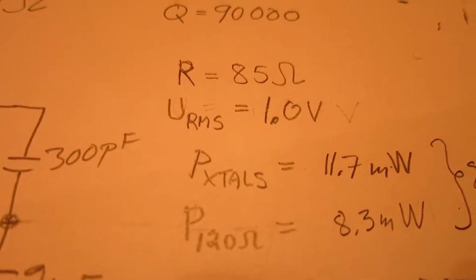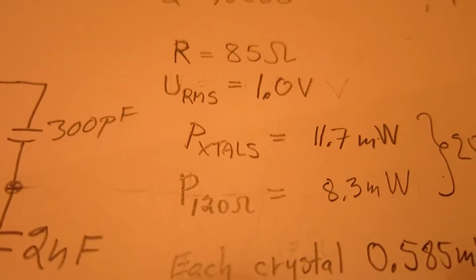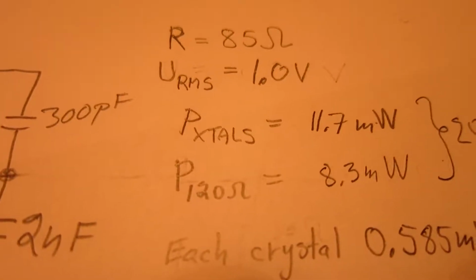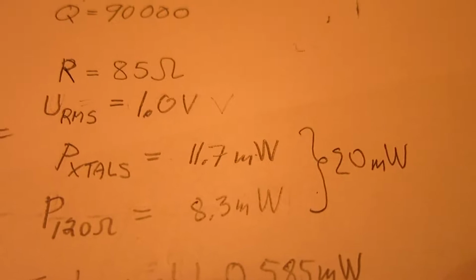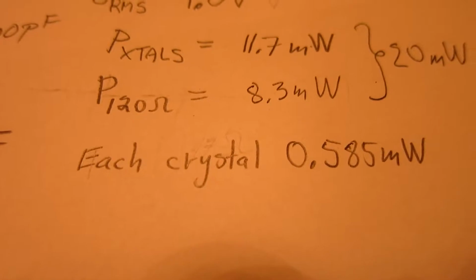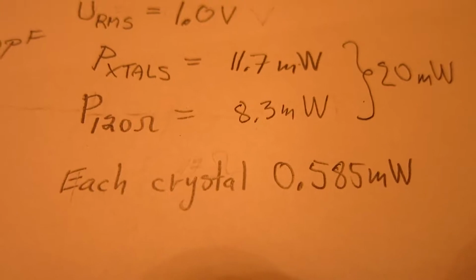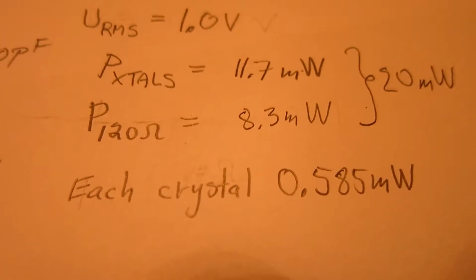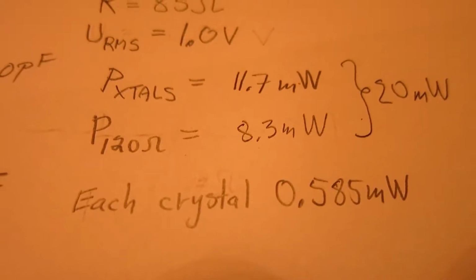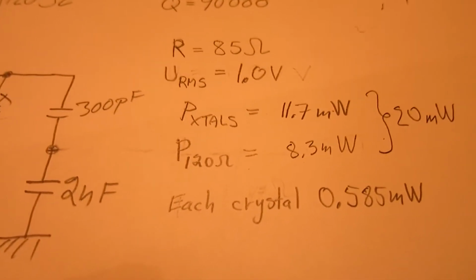So the power in the crystals is in total 11.7 milliwatts, and the power in the 120 ohm resistor is 8.3 milliwatts, in total 20 milliwatts, plus 13 dBm. The power in each crystal is then 0.58 milliwatts, and that is a little bit below the maximum rating, which is 1 milliwatt. So almost 3 decibels margin to the highest allowed power.